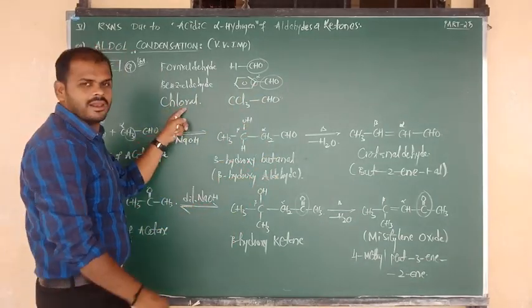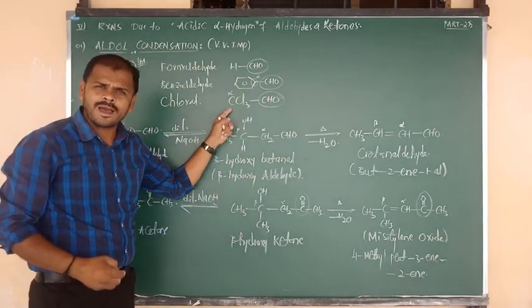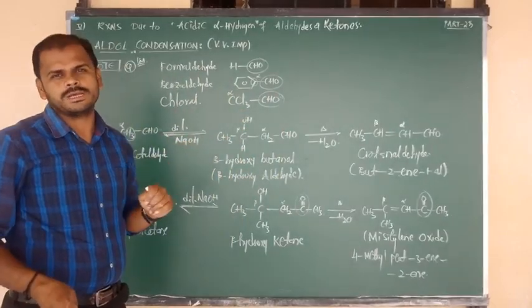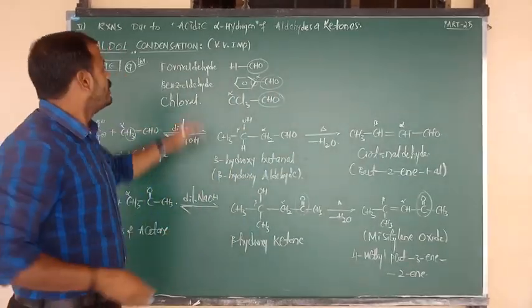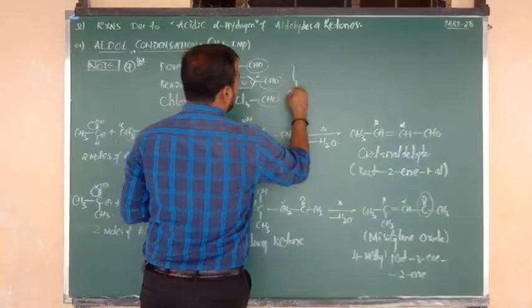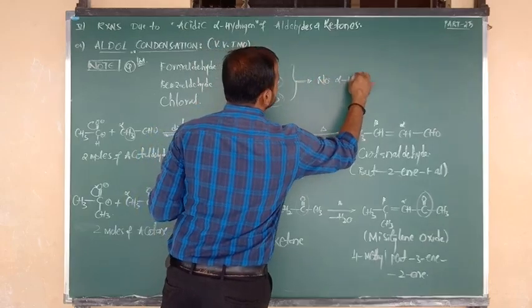Next, chloral. This is the functional group, and this is the adjacent alpha carbon. Alpha carbon is there, but is there any alpha hydrogen? No alpha hydrogen. But we want not alpha carbon, we want alpha hydrogen. So formaldehyde, benzaldehyde and chloral, these 3 compounds do not contain alpha hydrogen atom.